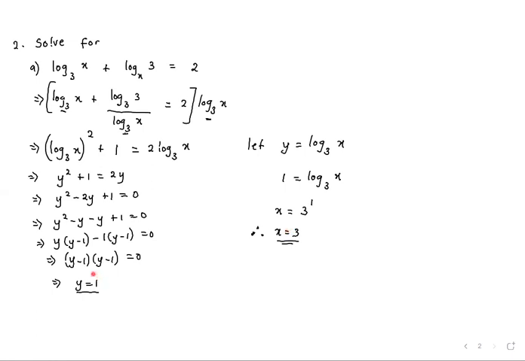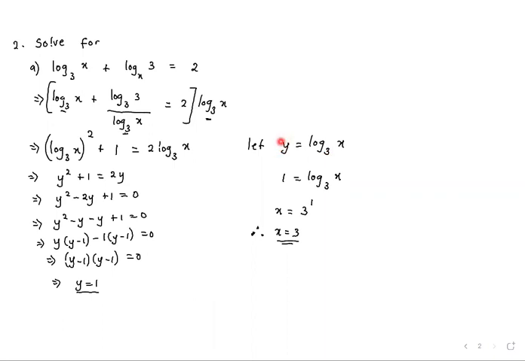When you are done finding this variable here from the quadratic, your job now is to go back to your left and check. You said y is equal to log x base 3. Now when y is 1, it means that you go back to this equation here, formed by yourself.